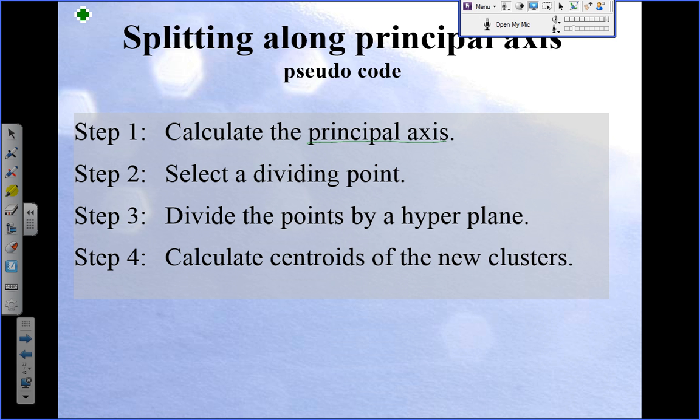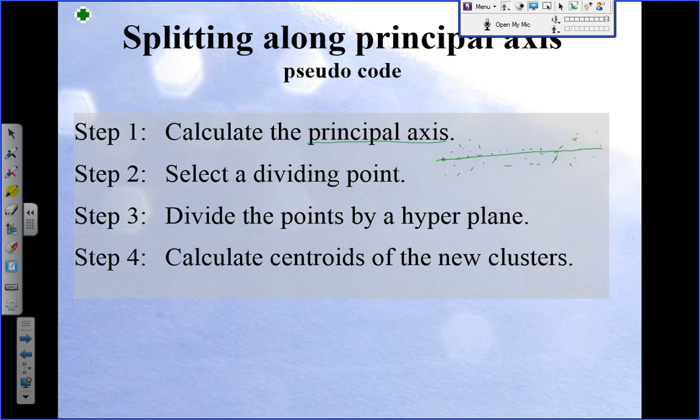So we have to solve what the axis is, and if our cluster is like that, the regression line for this principal axis is pretty much finding the direction of maximum variance. And this direction is most likely containing the best split. Then, after we solve this principal axis, we select the dividing point on the axis. So now we have this axis, and we have to select a dividing point somewhere here.